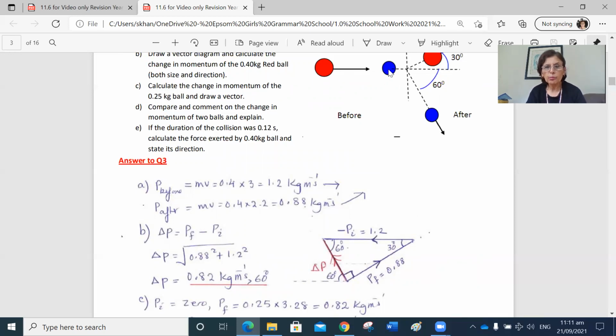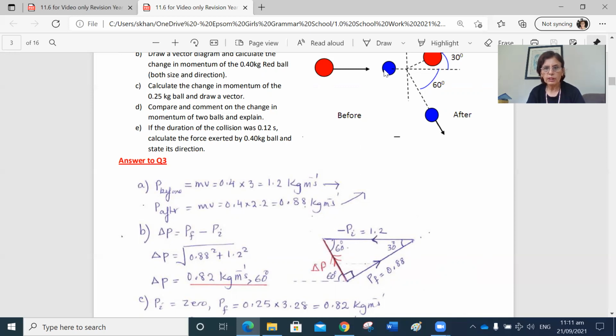The momentum of the blue ball changes because a force acts when the red ball hits it. Change in momentum happens whenever there is an unbalanced force. The momentum of the red ball also changes because the blue ball was applying a force on it. According to Newton's third law, action and reaction forces are equal.